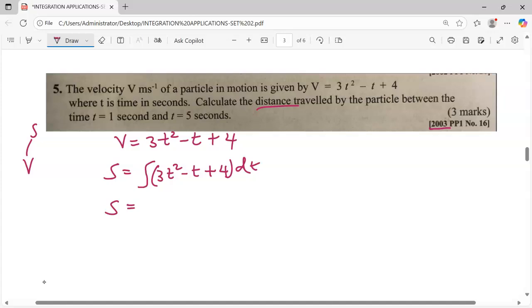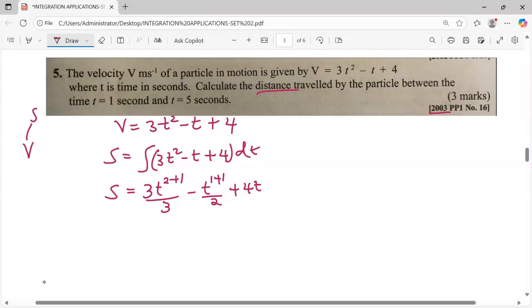This one is going to give us 3t squared, we add 1, you divide by 3, minus t raised to power 1, plus 1, you divide by 2, plus you introduce t in 4. Then you add c, which is a constant of integration.